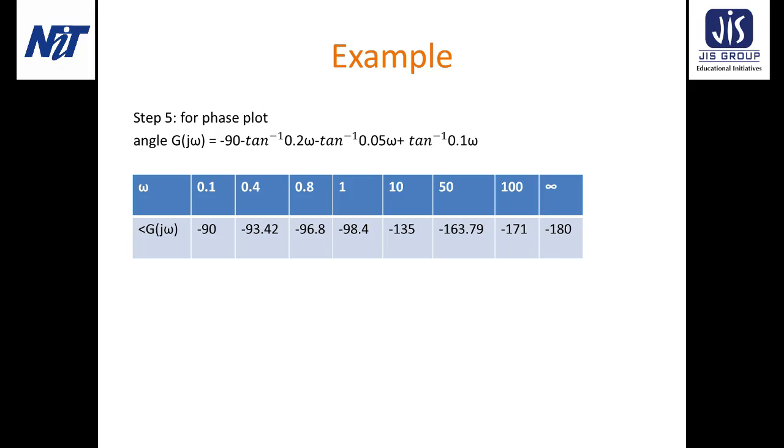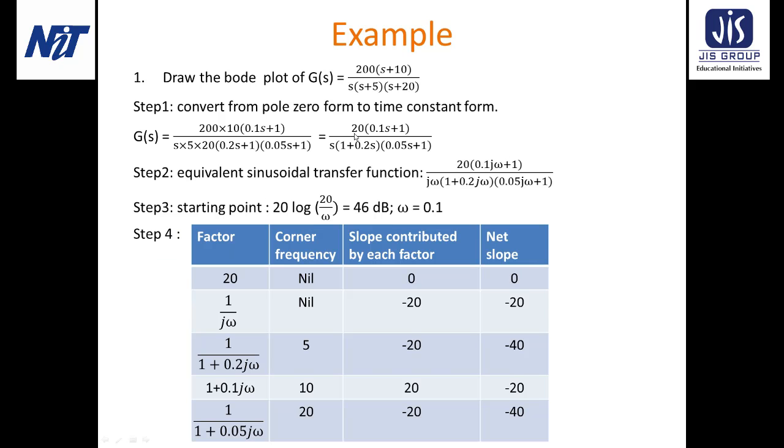Now we will go to the phase plot. For this phase plot I have put the formula from here: for 20 there is no angle contribution. For this numerator term the angle contribution will be plus tan inverse 0.1 omega divided by 1, and for this one it is minus 90.